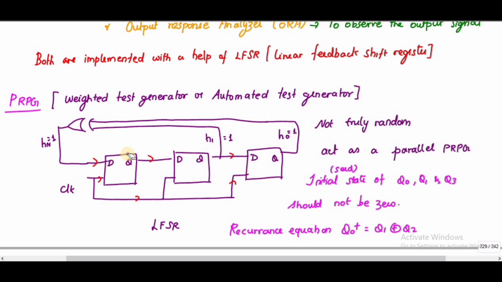I have three flip-flops, so the value of n here is 3. Here it is H0, H1, H2, and H3. Here the H3 value is 1, H1 value is 1, and H0 value is also 1. It is more or less a shift register, and you have an XOR gate.